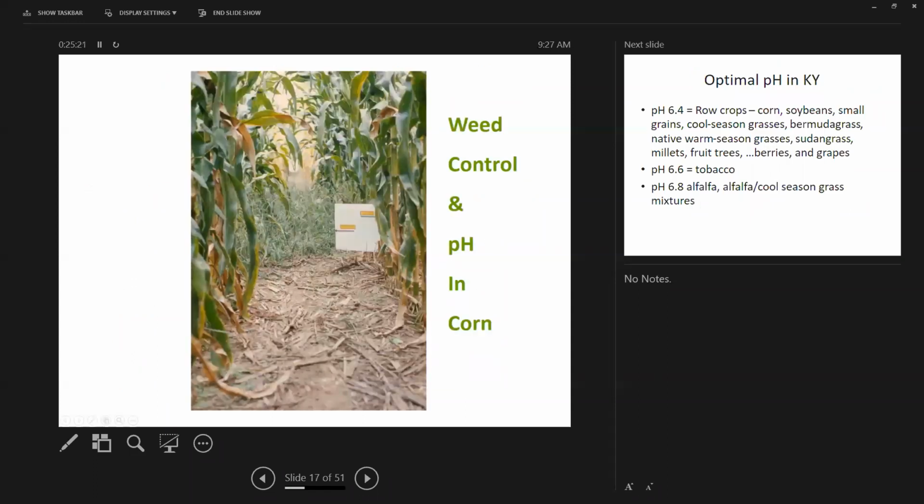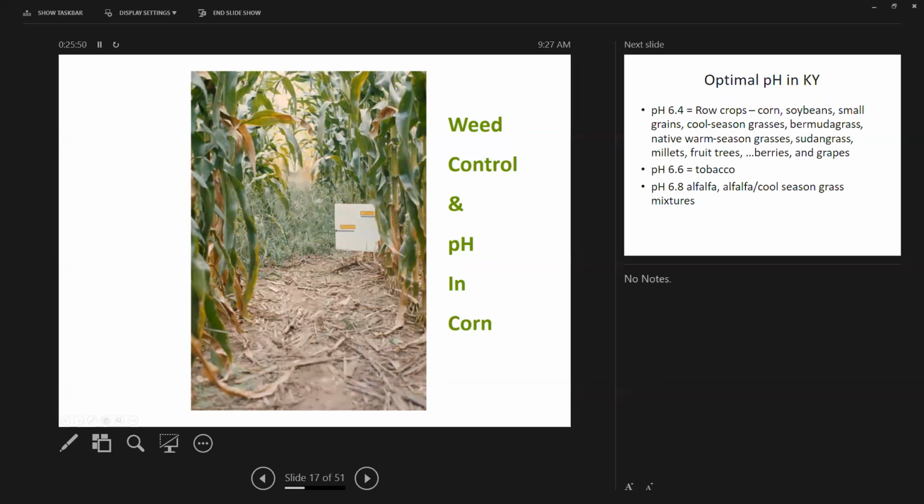So instead of herbicide activity, this was some work that was done at Spindletop Farm several years ago. They were looking at different pH levels. And the interesting thing was they were spraying the whole field with atrazine. However, you can see this grass behind, they were only liming these plots.